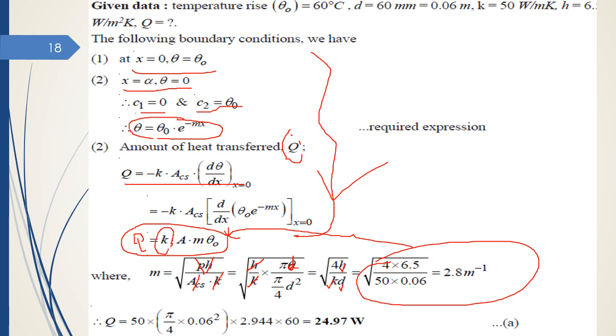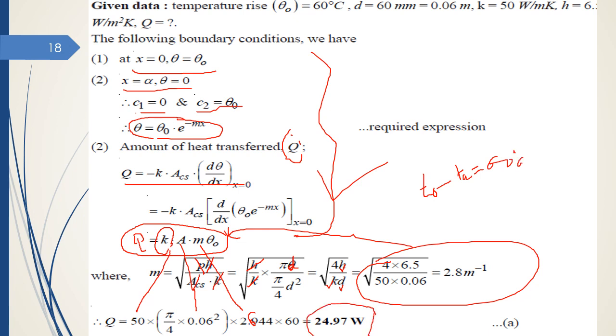So K value is 50, A is pi by 4 d square, m value is 2.844, and theta 0, that is T0 minus Ta, temperature rise, that is 60 degrees Celsius, that is given.